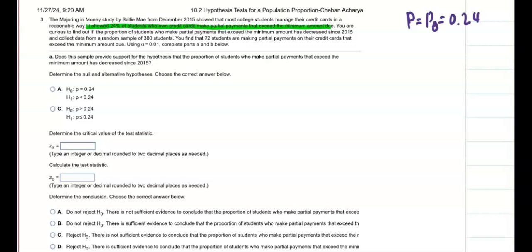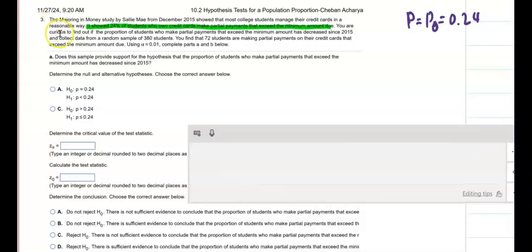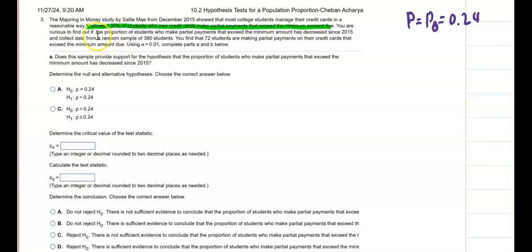That is given. You are curious to find out if the proportion of the students who make a partial payment that exceeds the minimum payment amount has decreased since 2015. So the clue word here is decreased since 2015.